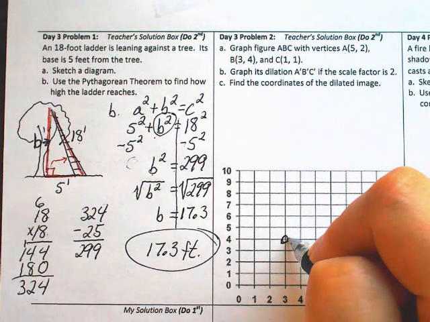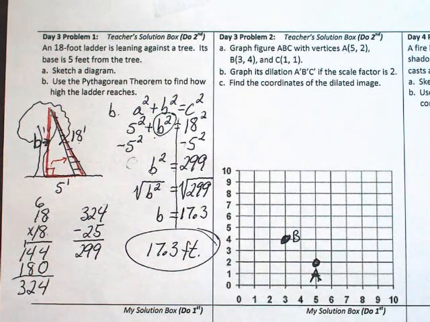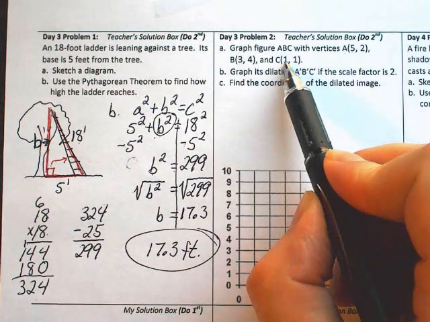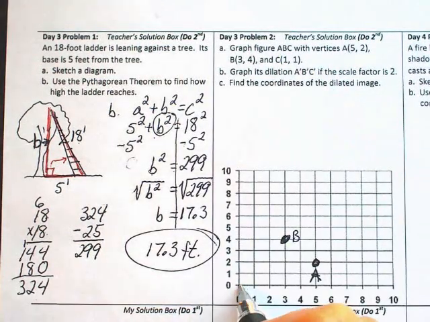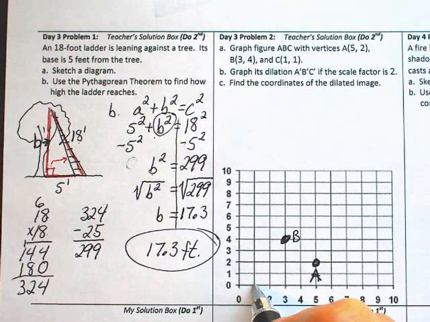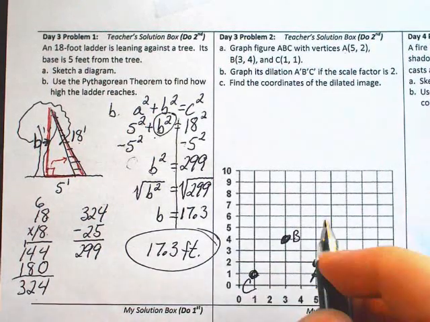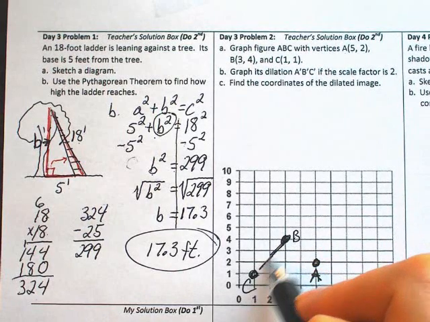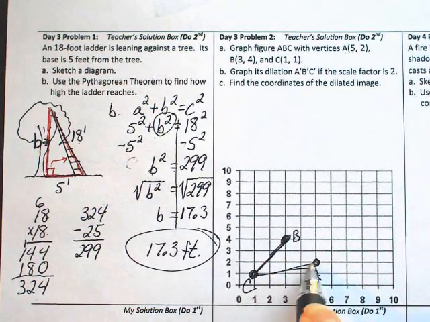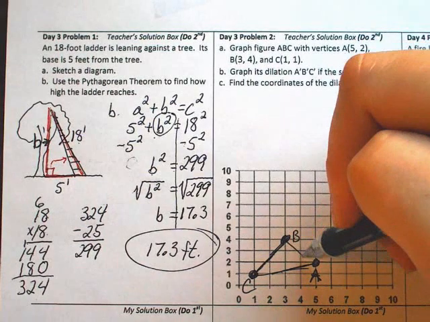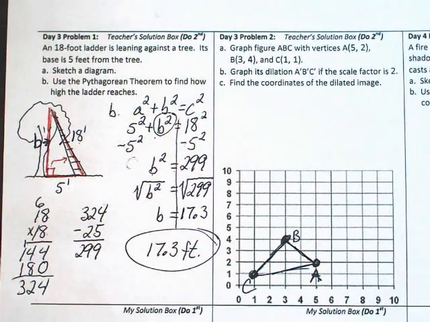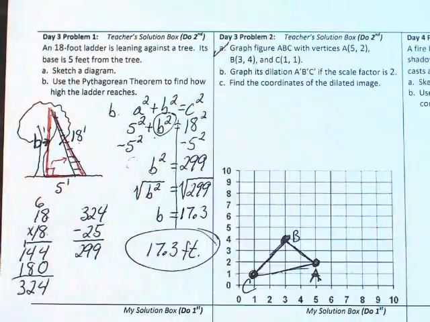Here is point B. And then point C, 1, 1. Here is the origin, over 1, up 1. Here is point C. And connecting these together, we have a triangle. That takes care of part A.